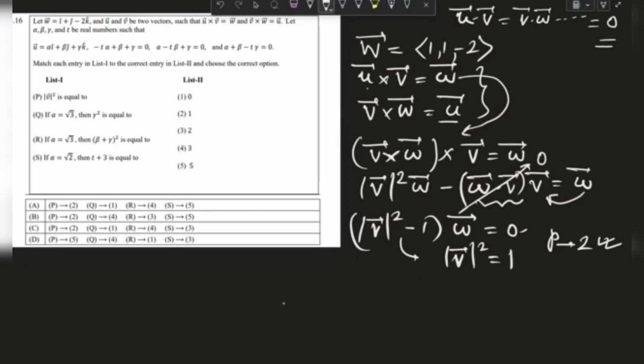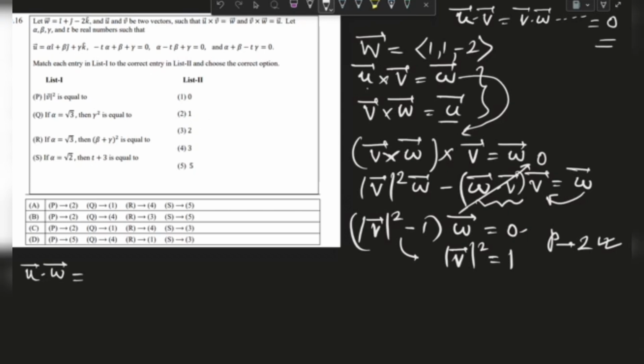Now if we move on to the next part of the question, if we find out u dot w, because what I intend to do is, as we have these three equations given, with alpha, beta, gamma and t, we have four unknowns but three equations.